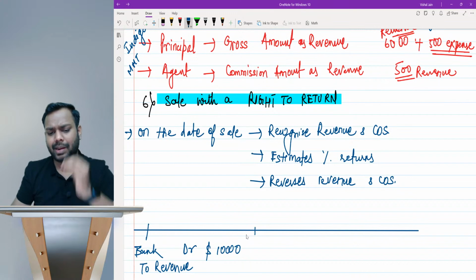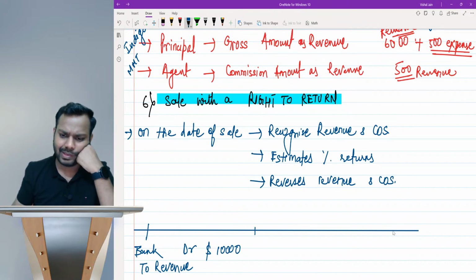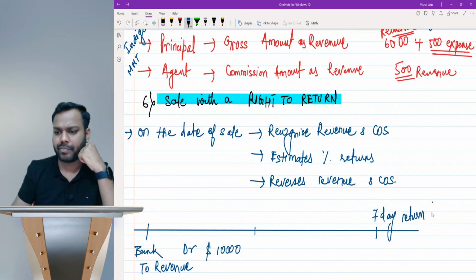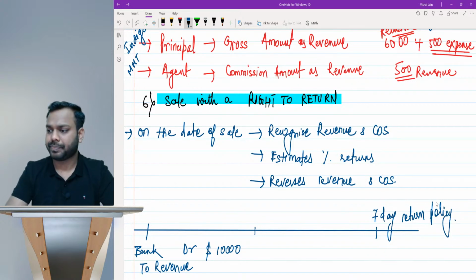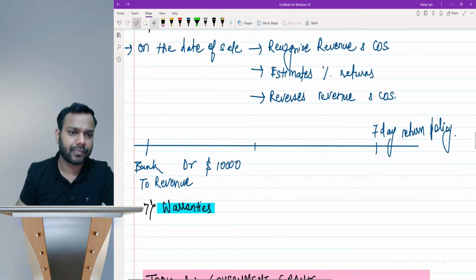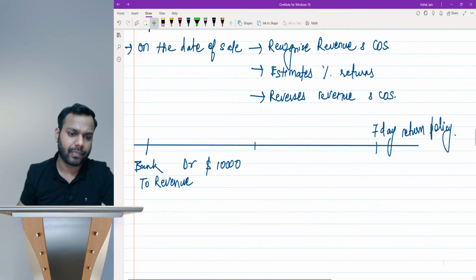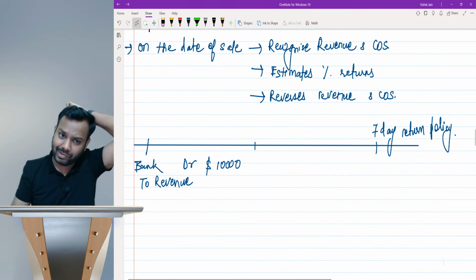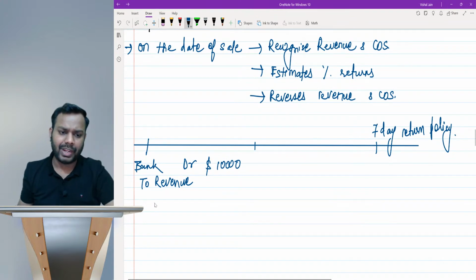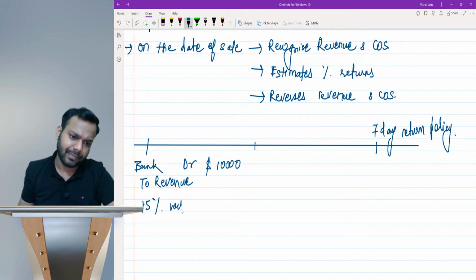Now the company estimates that, see, this is a 7-day return policy, so 15% of these goods will be returned.